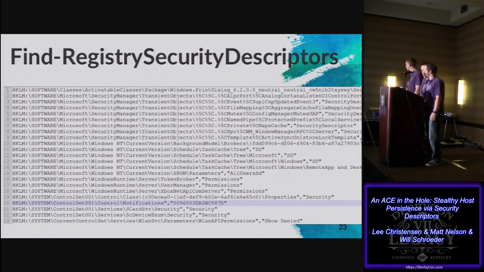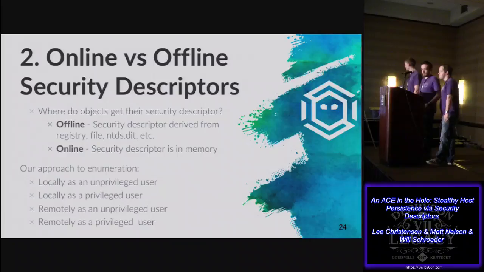I ran that throughout the entire registry, and it's really interesting to see how many security descriptors are stored there. Personally, I didn't have a clue what they did, so it's exciting in terms of research because you can dig into what those are actually used for and whether or not you can use them. This is just an example of some of those security descriptors I found there, but I found thousands and thousands when I ran it.